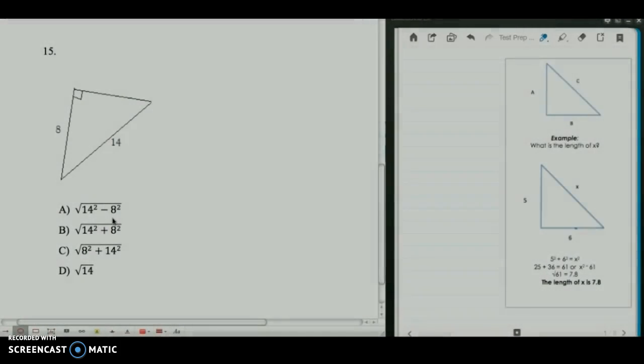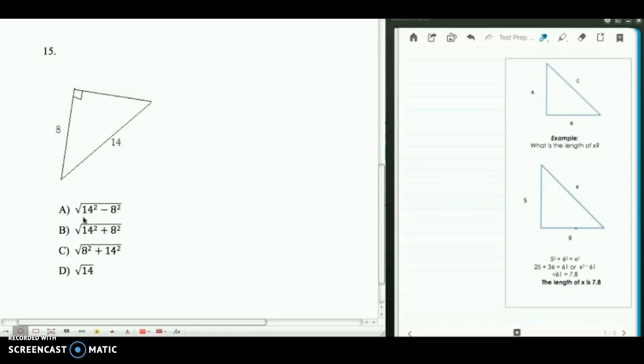But they want us to figure out how you solve it, not the actual answer. If we write out the formula, we have a squared plus b squared is equal to c squared. Going off the general formula from this example, where you have a, b, and side c, it looks like here we don't know what side A is.